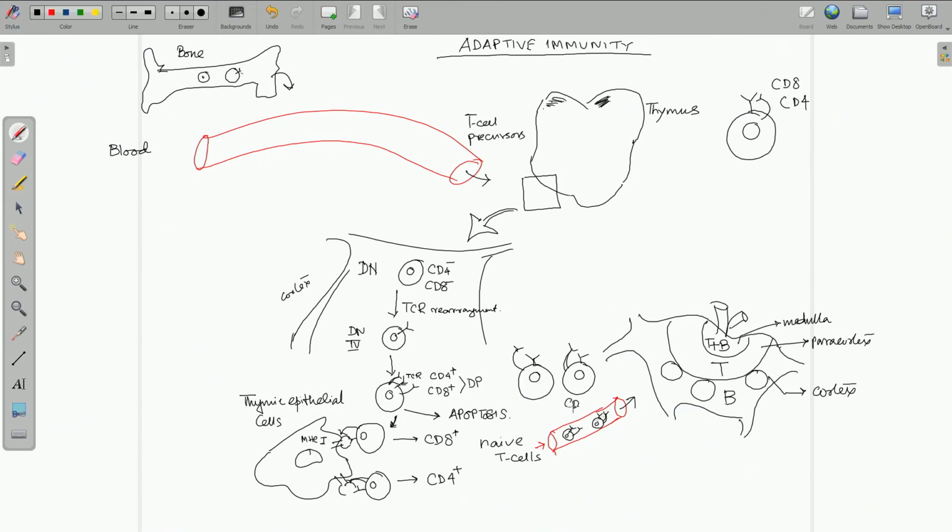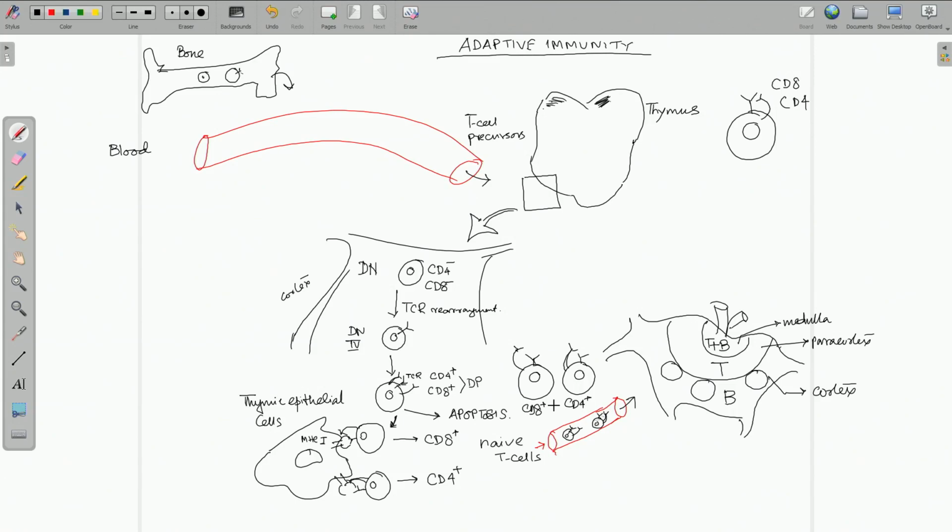So, the CD4 plus, CD8 plus T cells. For the activation of the T cell, it has to meet the MHC molecule. The activation of the T cell requires a meeting between the MHC molecules and the T cell receptors and the co-receptors, and this interaction is vital for activation of the T cells and further differentiation into different T cell types.